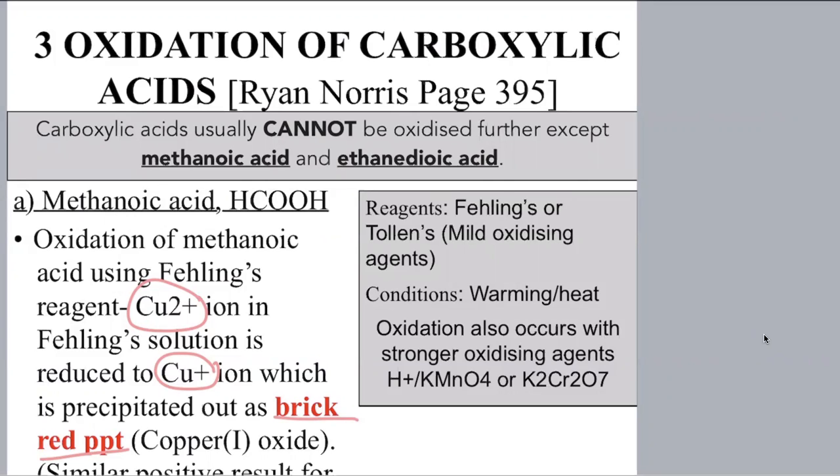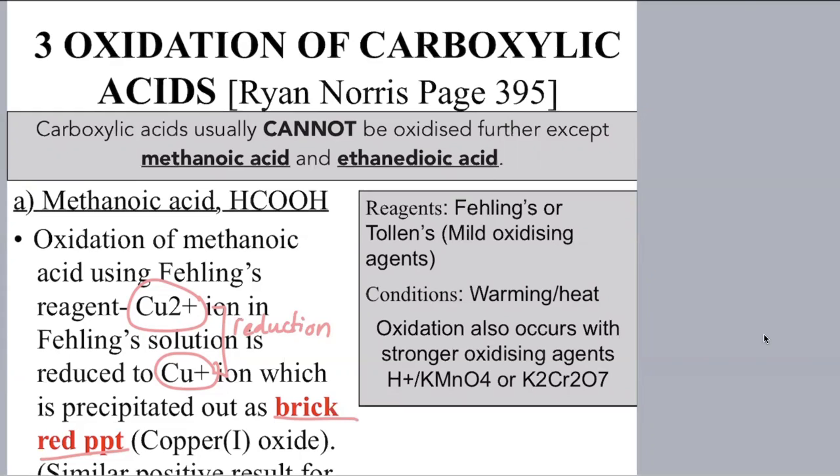But when the question comes in A2, you need to remember it's aldehyde and methanoic acid, okay? So if there is a reduction happening in your Fehling's, that means oxidation must have occurred in methanoic acid, or oxidation must have occurred in aldehydes. Okay, same thing as your Tollens reagent.